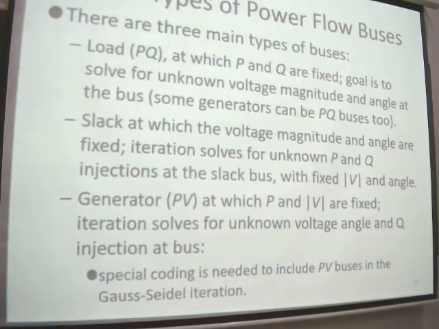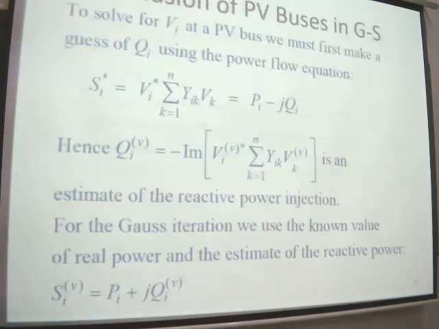So, the three types of buses. Because of the previous example with PQ buses, here is another inclusion of the PV bus in the Gauss-Seidel iteration method.